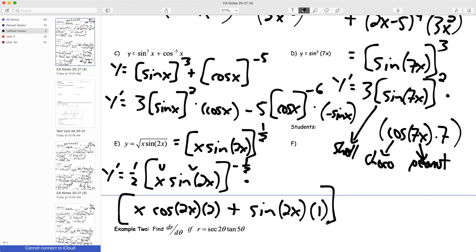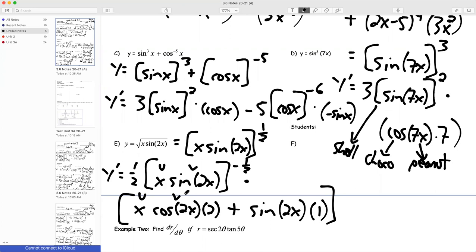My first term is u, my second term, v here, is sine of 2x. So when I do the product rule, I've got u times v prime. So I've got x times the derivative of sine of 2x, and the derivative of sine of 2x is the cosine of 2x. 2x comes down. Then I multiply by the derivative of the 2x, which is 2, plus the second half of the product rule.